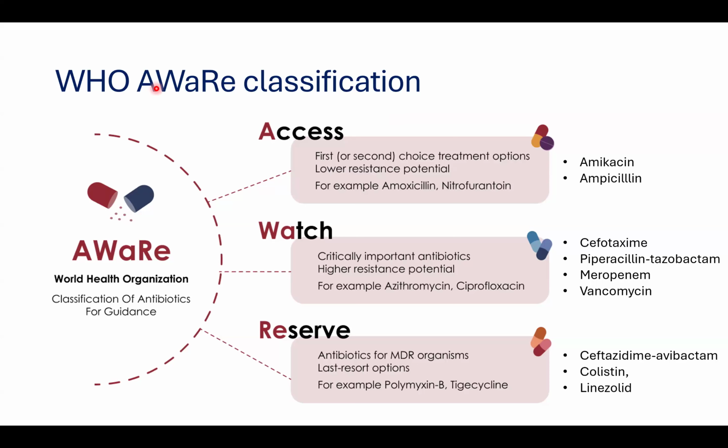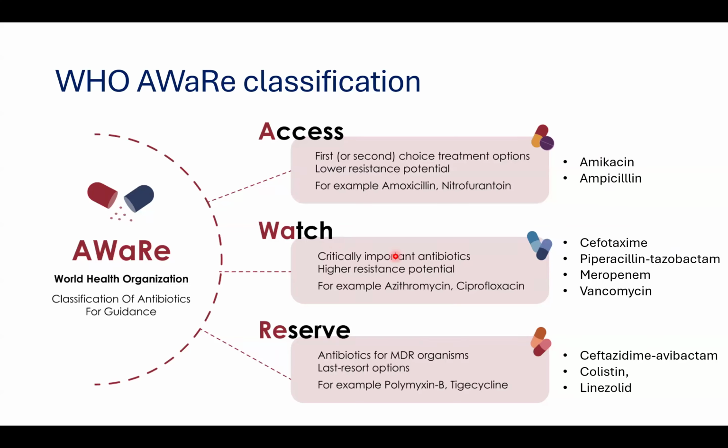So this stands for AWaRe classification, which stands for access, watch, and reserve. So access are typically the first or second choice treatment options and have low resistance potential. For example, they have given amoxicillin and nitrofurantoin. For neonates, what is often used, for example, amikacin, ampicillin, are access group.